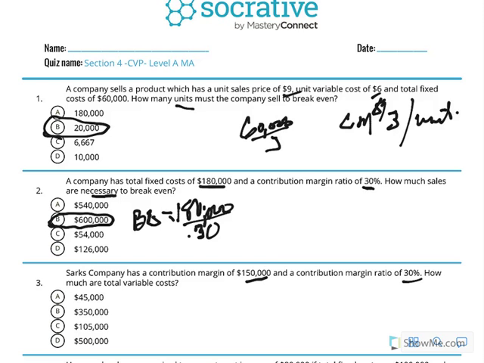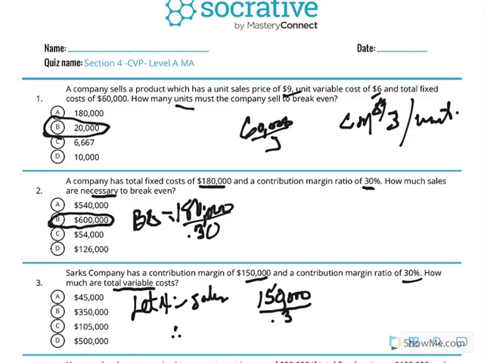All right. Sark's company has a contribution margin total of 150 and a ratio of 30. But they want to know the variable cost. Ooh, that's a little tricky here. Well, we need to know the sales so we can subtract the variable costs. We can subtract contribution margin and get the variable cost. So if we say let X equals sales, we know then that the contribution margin is going to be 150,000, divided by 0.3.